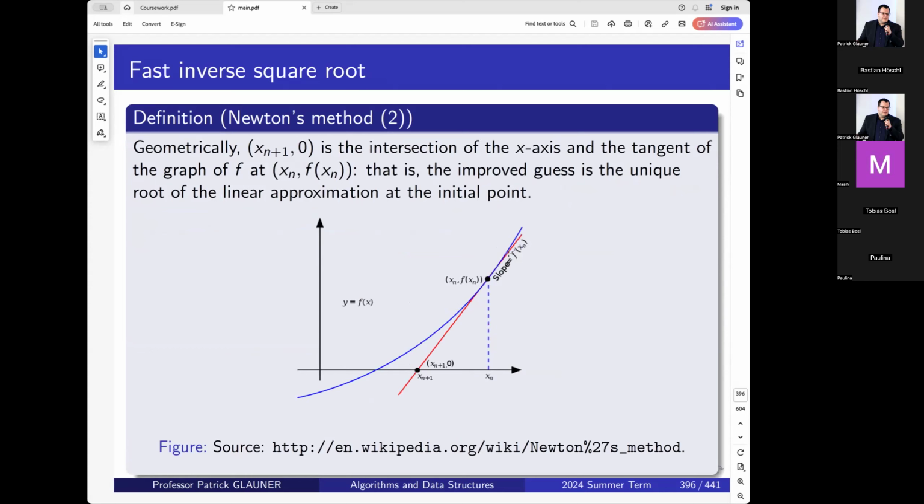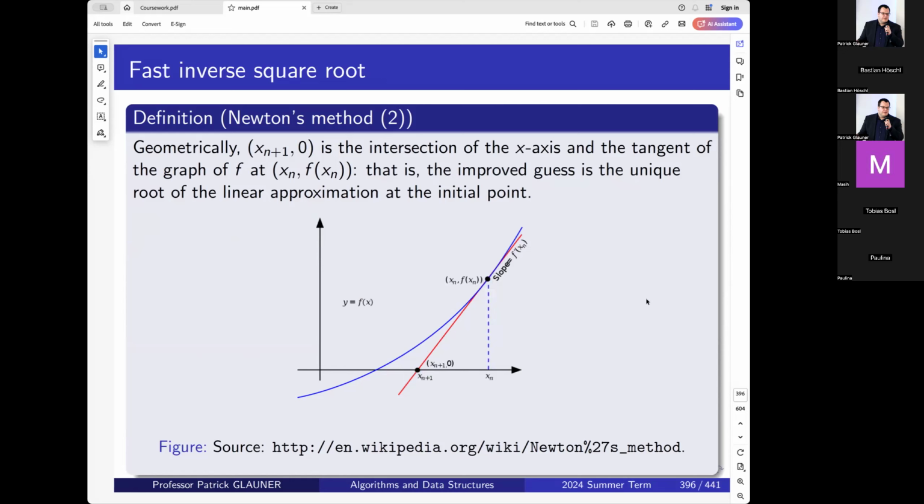But if I put a tangent at this point, xn, f of xn, the function value at xn, and then I check where this tangent intersects with the x-axis.